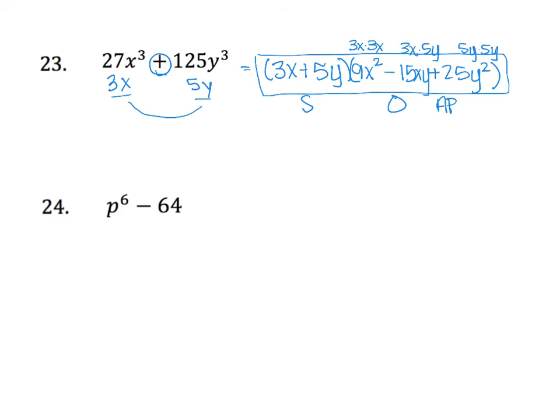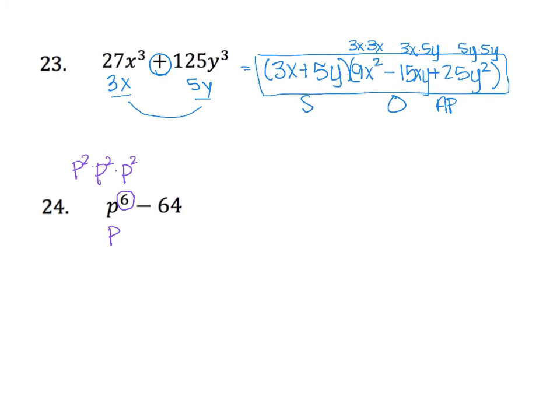Okay. And I said we would look at one of the messy ones. What happens if it's not just a cubed here, right? P to the 6th. Well, what times itself 3 times would get me p to the 6th, right? So I'm thinking about it and, oh, well, that must be p squared times p squared times p squared, because I know the rule is that I add my exponents, and that would be 6 of them.